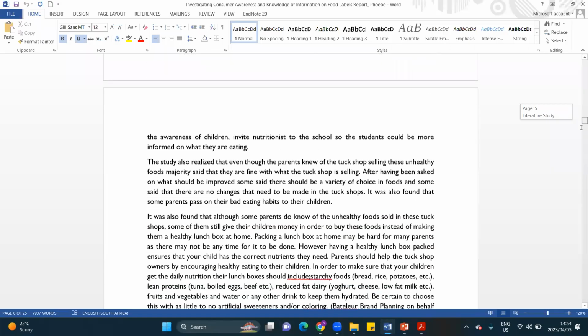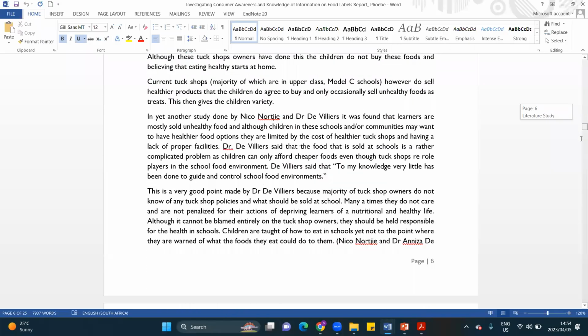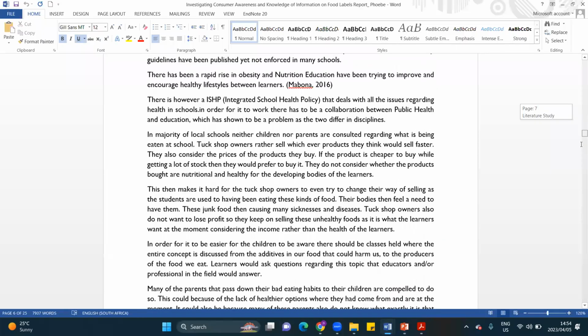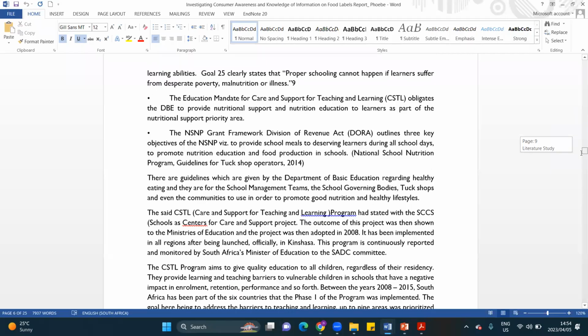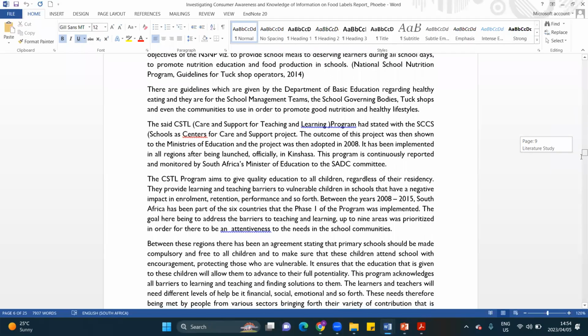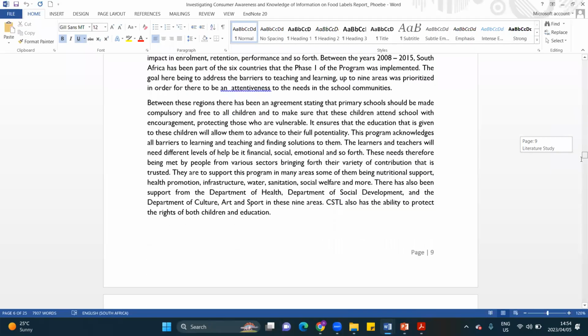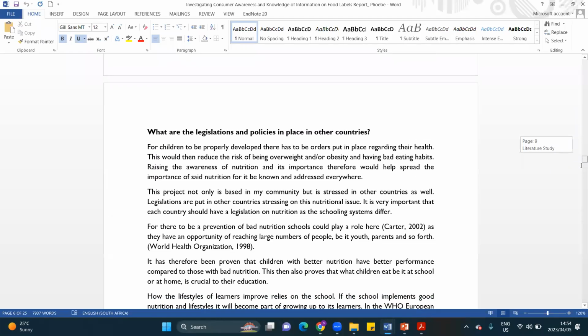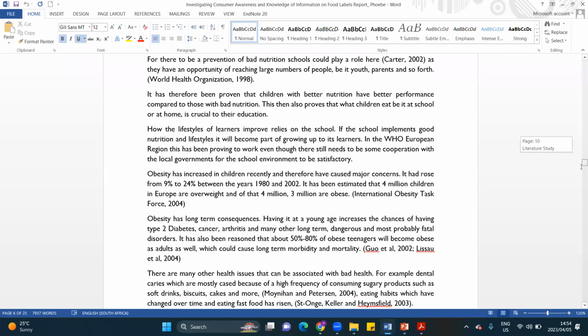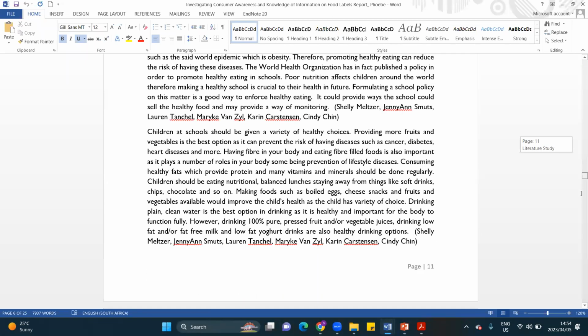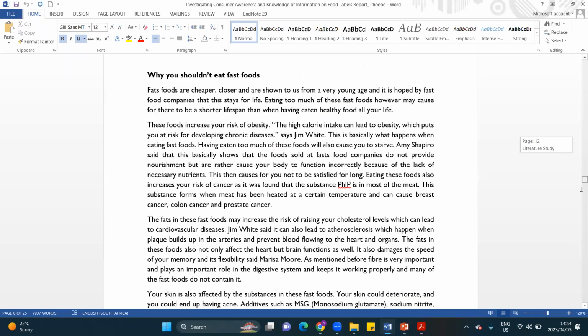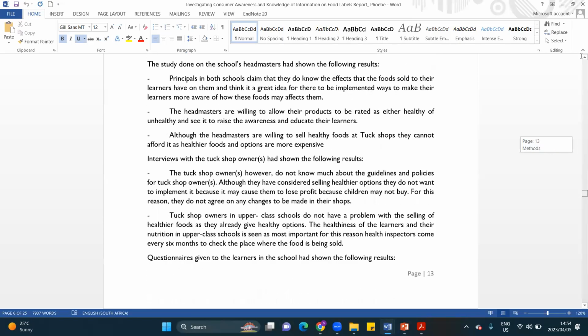I just want to get to the method and policies. There's a lot of literature review, as you can see in this project. Remember, I did mention in the beginning, maybe when you're starting the abstract, you might not have a lot of literature review, but as you get into your project, you will find that you do need to do a lot of background literature, right?